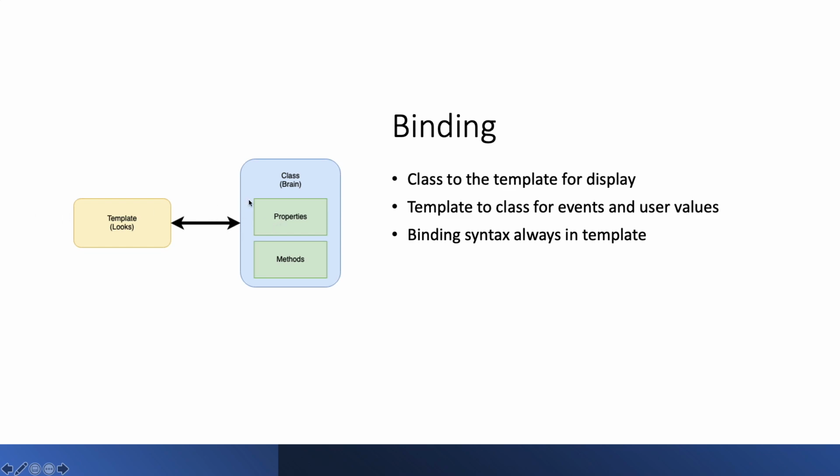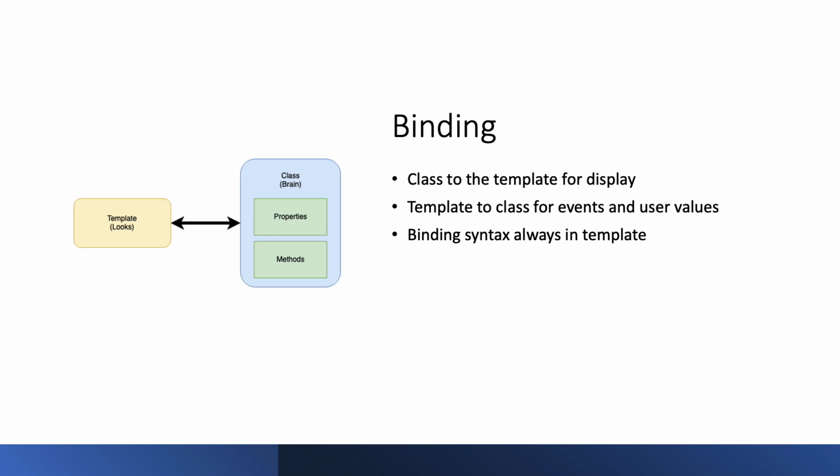The class sends the information to the template, and the second way of communication is between the template and the class, which is sending the information back if anything has been changed, or if there's any action or event that has been raised on the template. The class needs to be able to capture it and actually perform the actions against it.